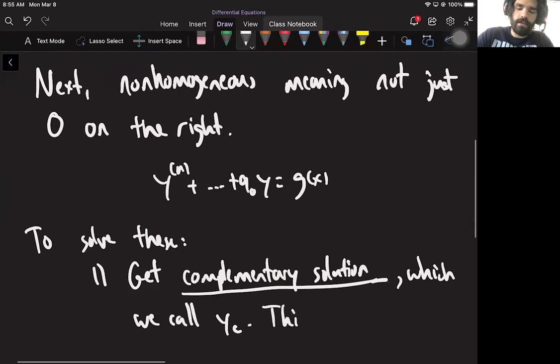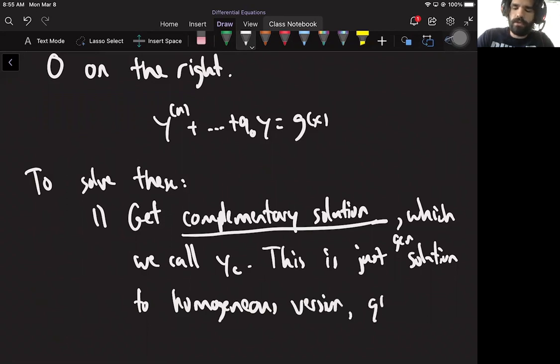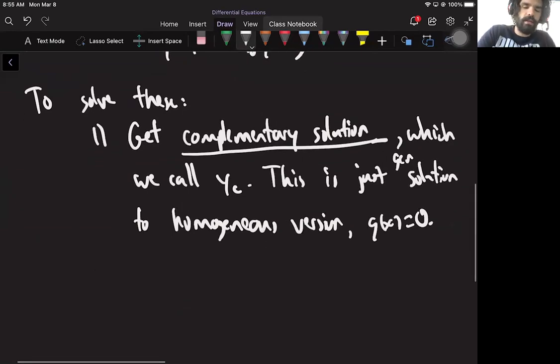It sounds fancy, but this is just the general solution to the homogeneous version, which we learned how to do last time. So you just make g of x be 0. You just solve it like we did last time. And then that part of the solution is now called the complementary solution. But that's not the end of it.